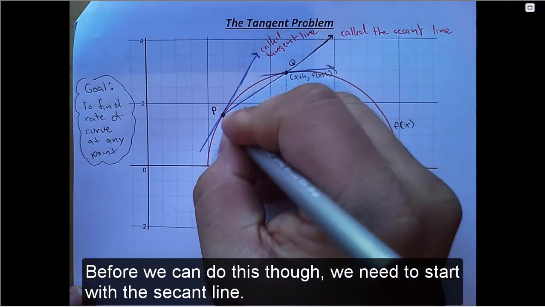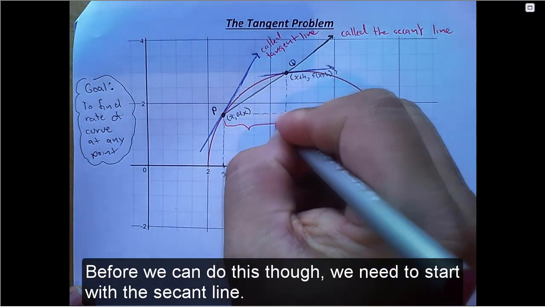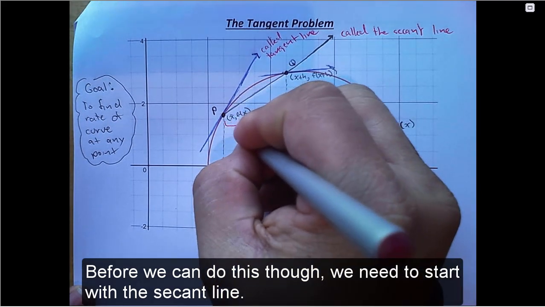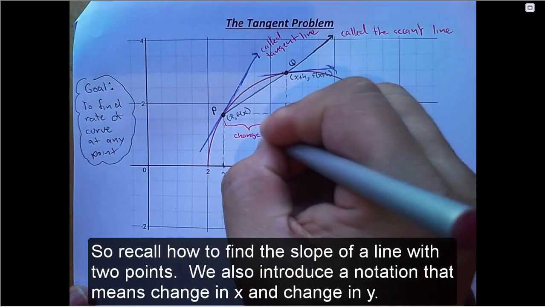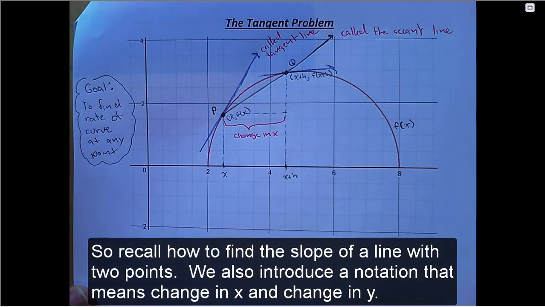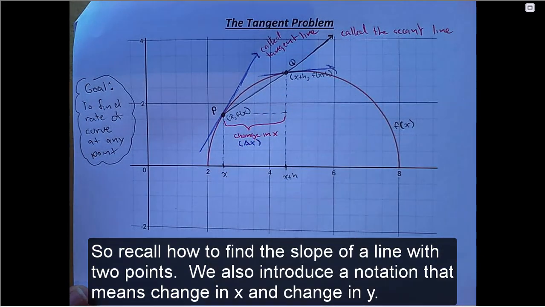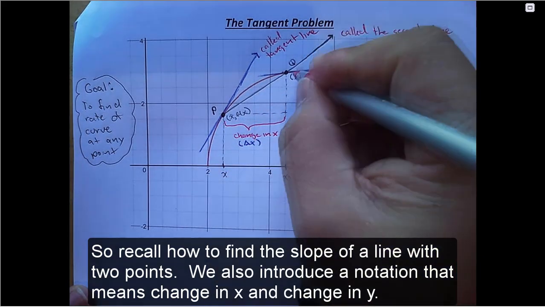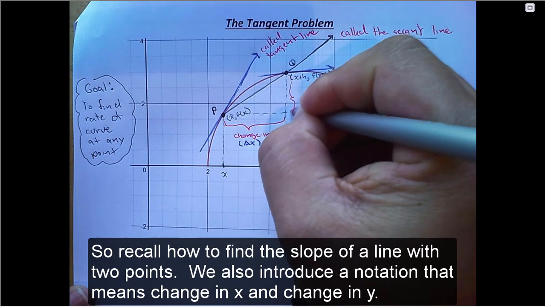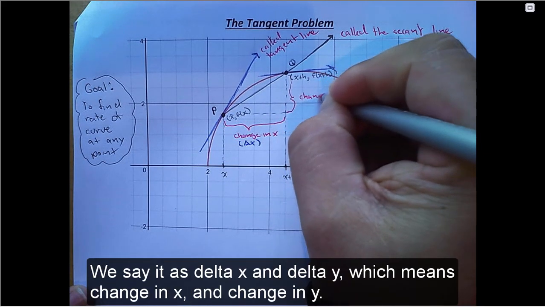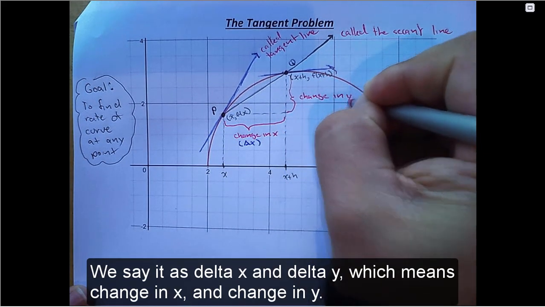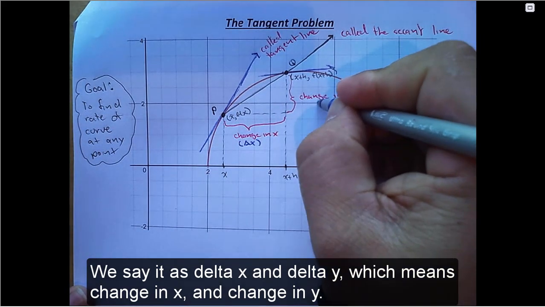Before we can do this though, we need to start with the secant line. So recall how to find the slope of a line with 2 points. We also introduce a notation that means change in x and change in y. We say it as delta x and delta y, which means change in x and change in y.